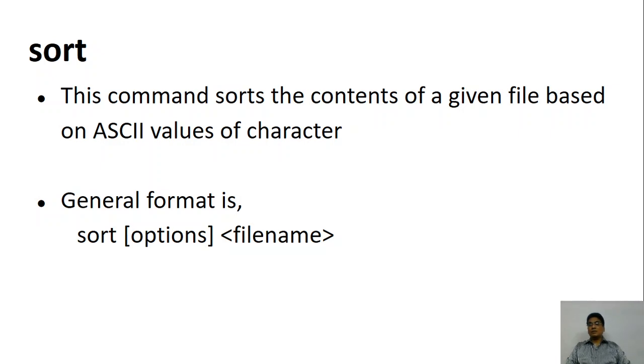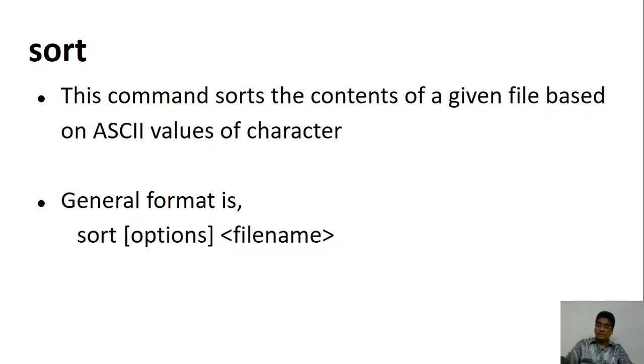So let's look at the first command that we are going to look at today, the sort command. This is used to sort the content. You have already written some programs to sort numbers using bubble sort and so on. So this command is used for sorting the content of a file.